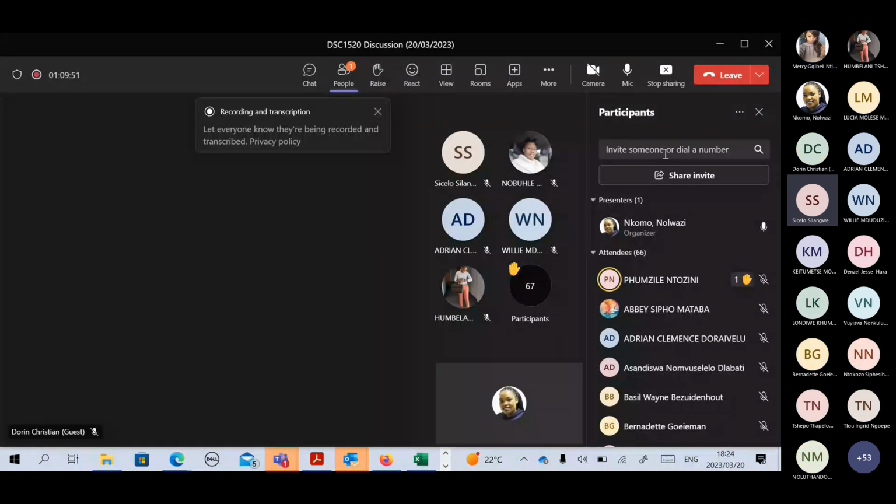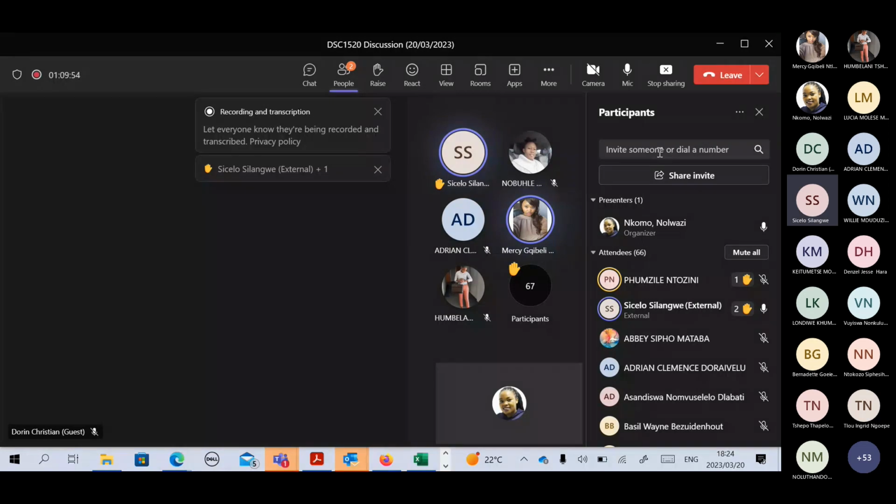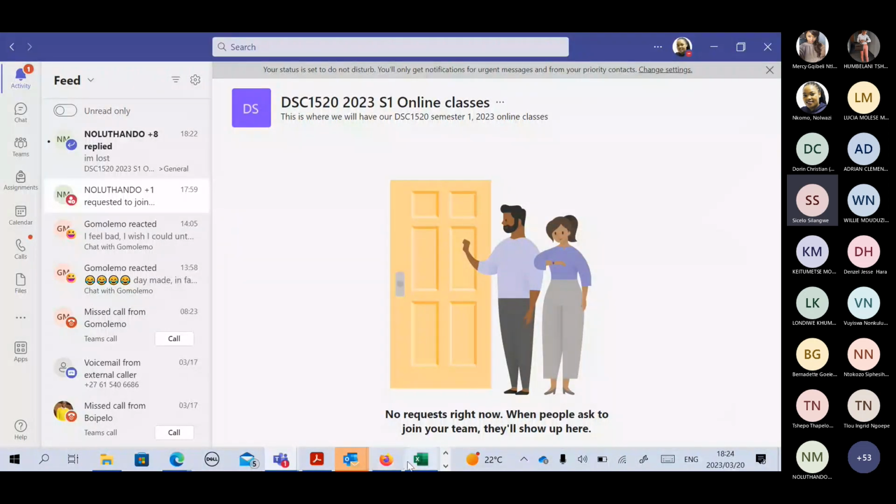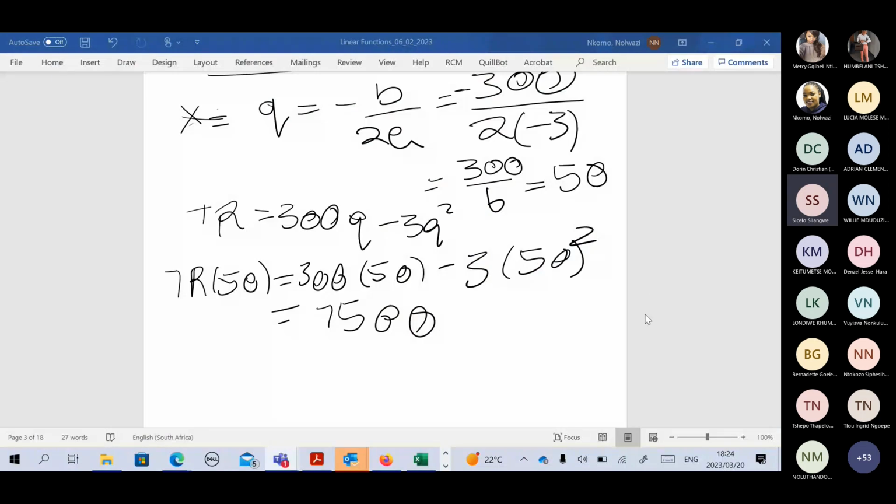I have one question. Yes. If you can just share the screen, I wanted to ask something on the last calculations. Where you say TR, I cannot see. Can you share that? Yes. Now I can see. I understand up to TR is equal to 300Q minus 3Q squared.